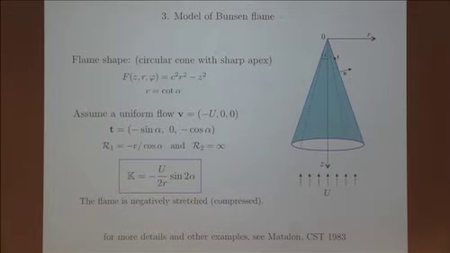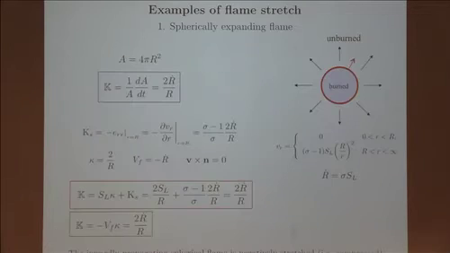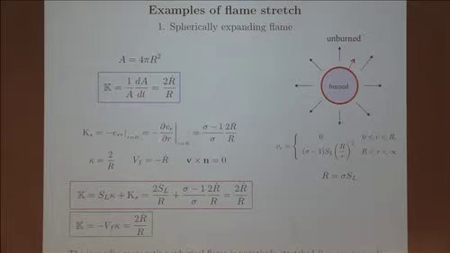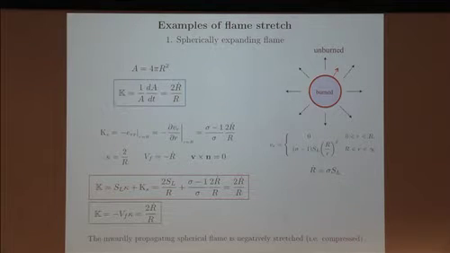It becomes smaller and smaller as you go up towards the apex. Okay, so again, to summarize, there are several ways to calculate stretch. They are all equivalent, and they all give the same answer for the simple examples that we have examined.